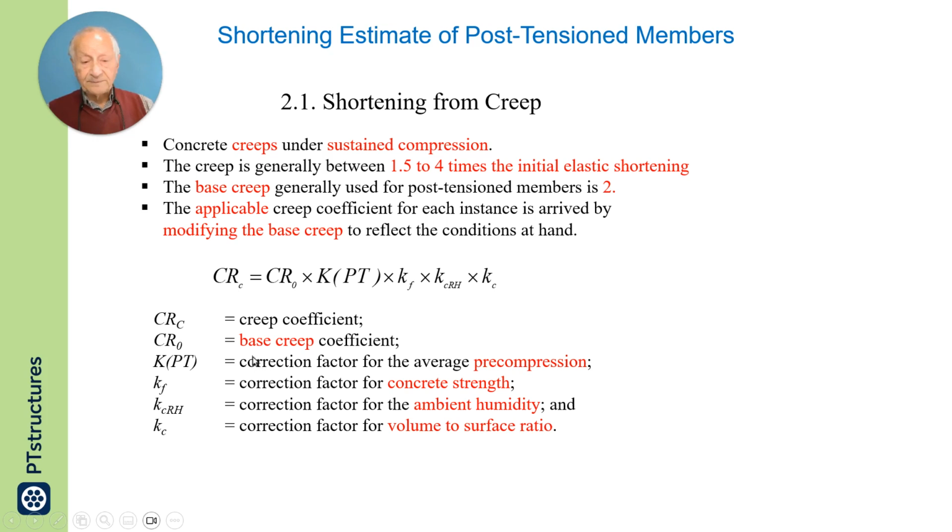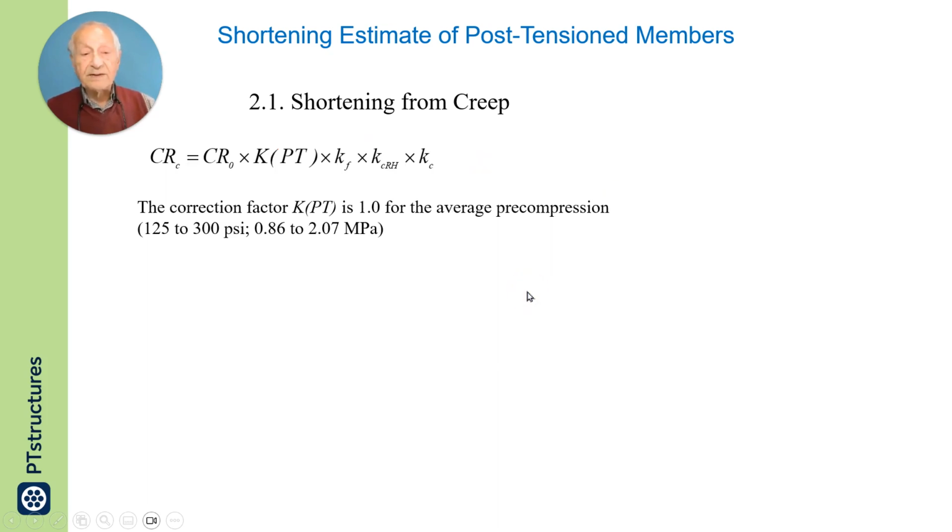This is based on average precompression. The more the precompression, the higher the creep. Based on concrete strength, there will be a modification. Humidity is the next modification, and volume to surface ratio also impacts the creep value.